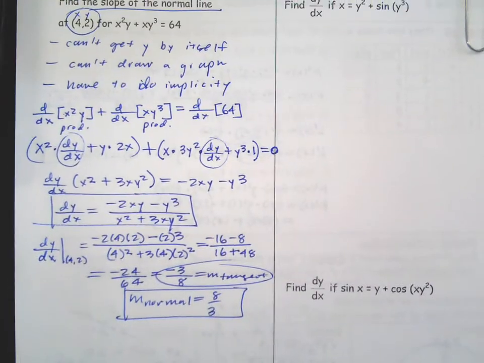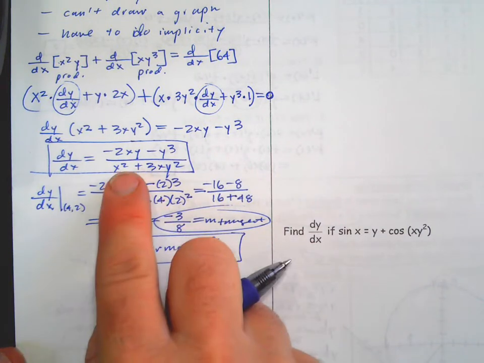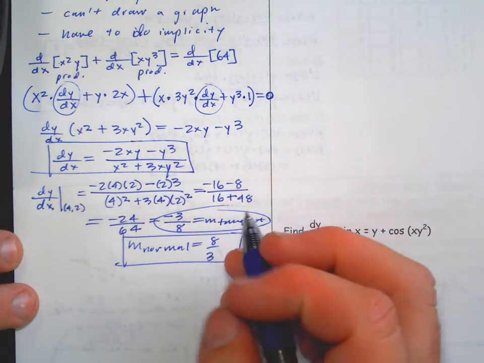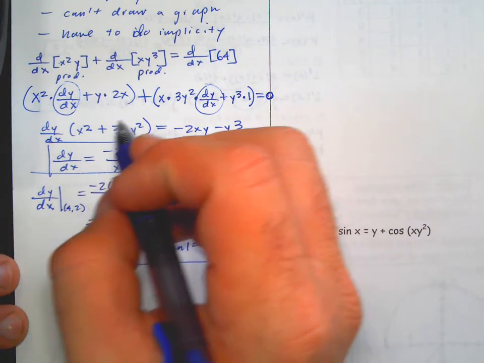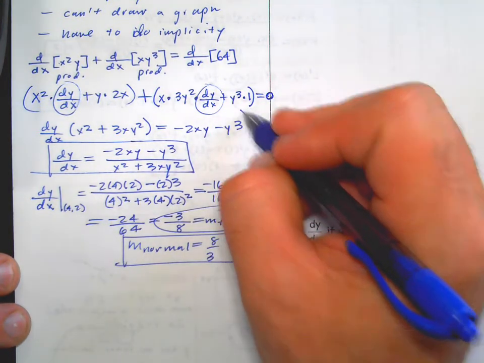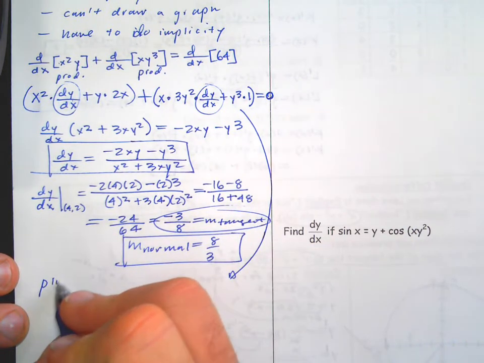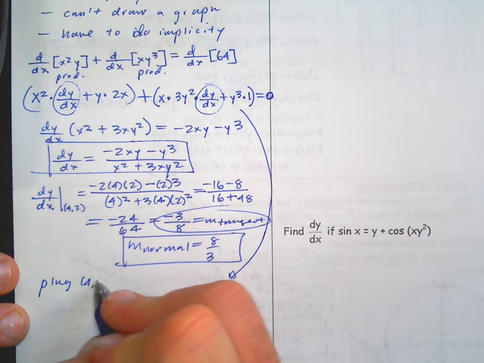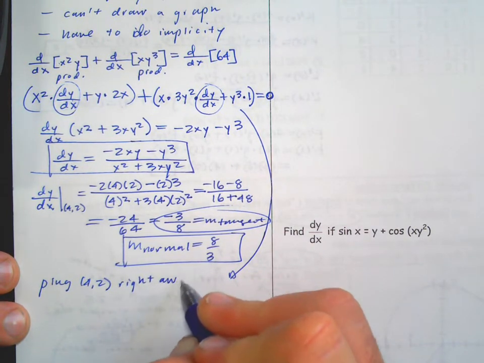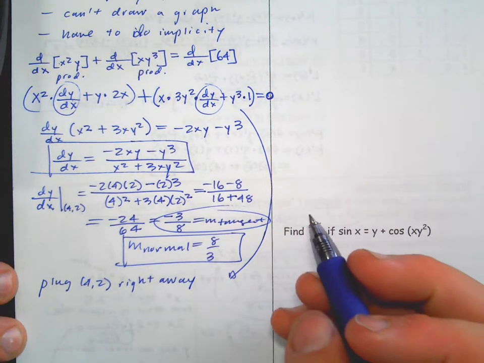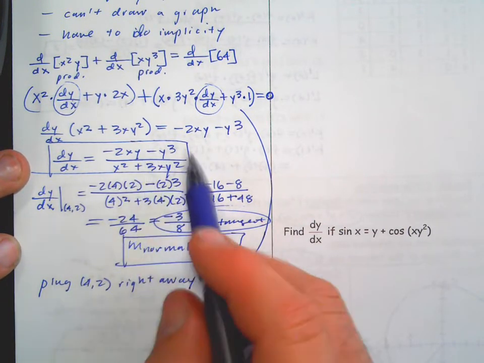Okay? Now, if this was my end goal and I didn't really care about finding dy/dx specifically as an answer, I would have jumped from here. I would have skipped all this and plugged in (4, 2) right away before trying to get dy/dx by itself, because I think it was kind of a mess trying to solve for dy/dx with all these letters everywhere.